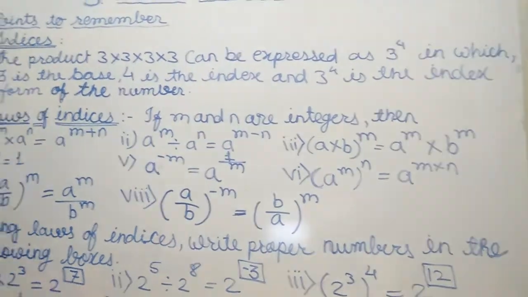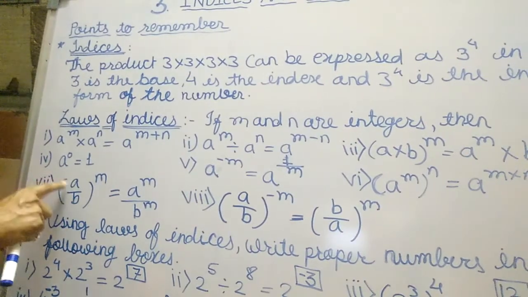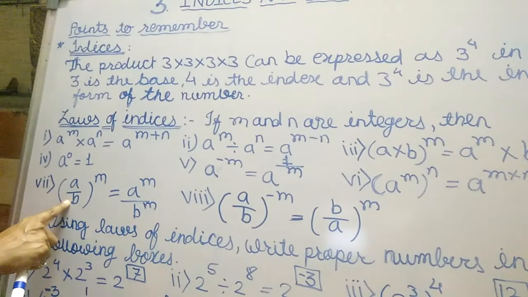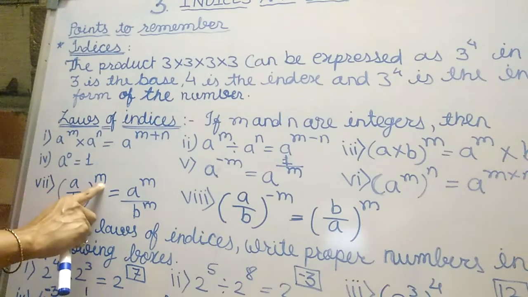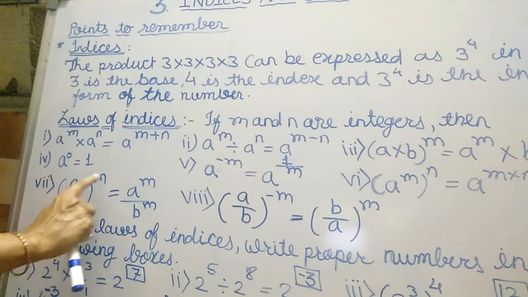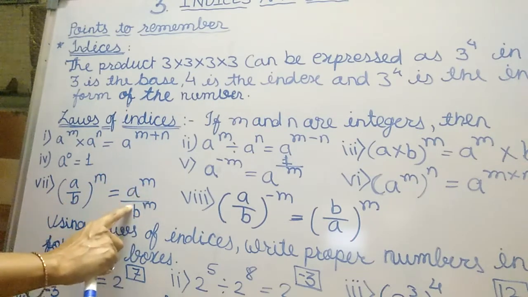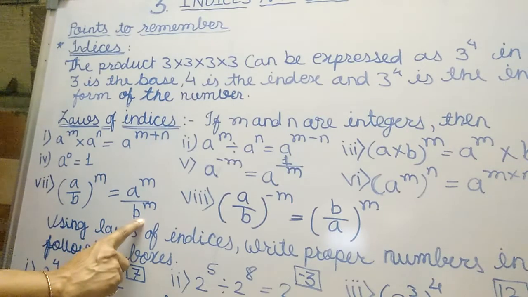Now the next law is 7: a by b. If both these quantities are in fraction form and the power m is given, we write a to the power m over b to the power m in the denominator.